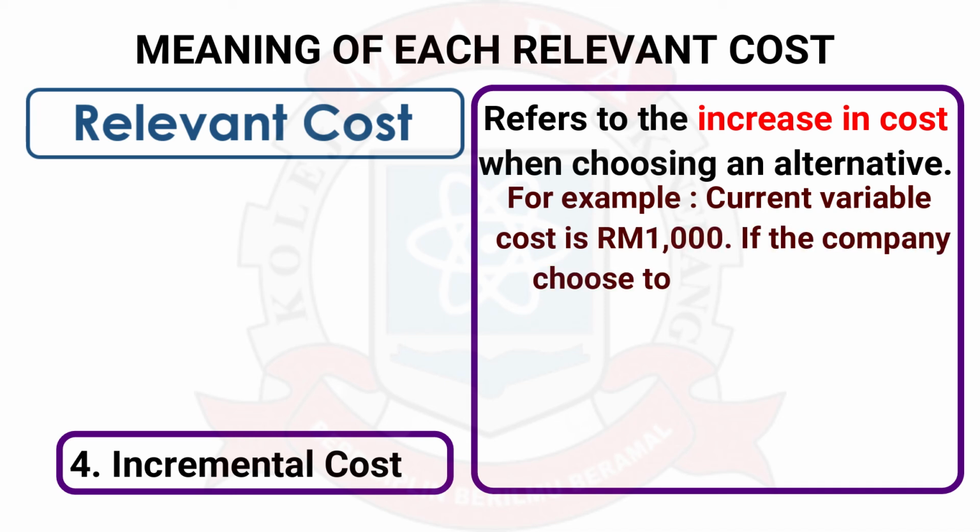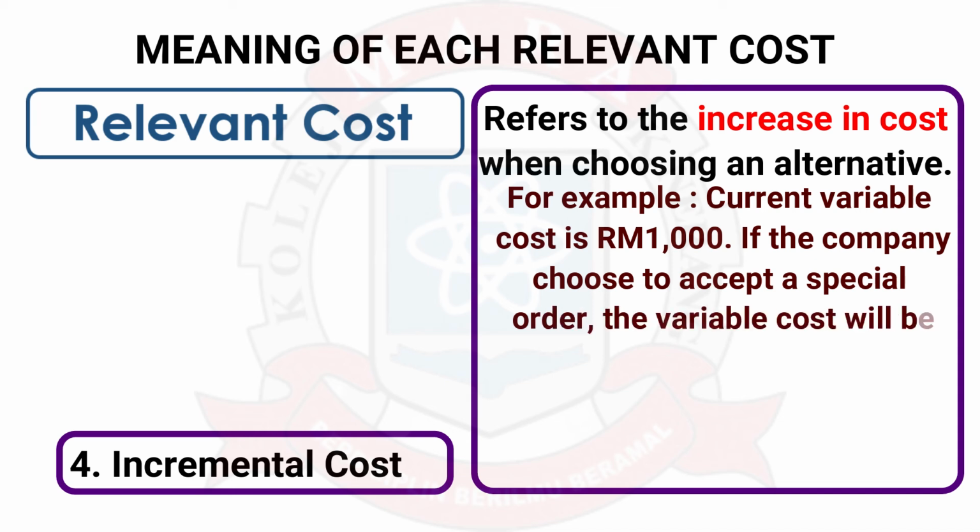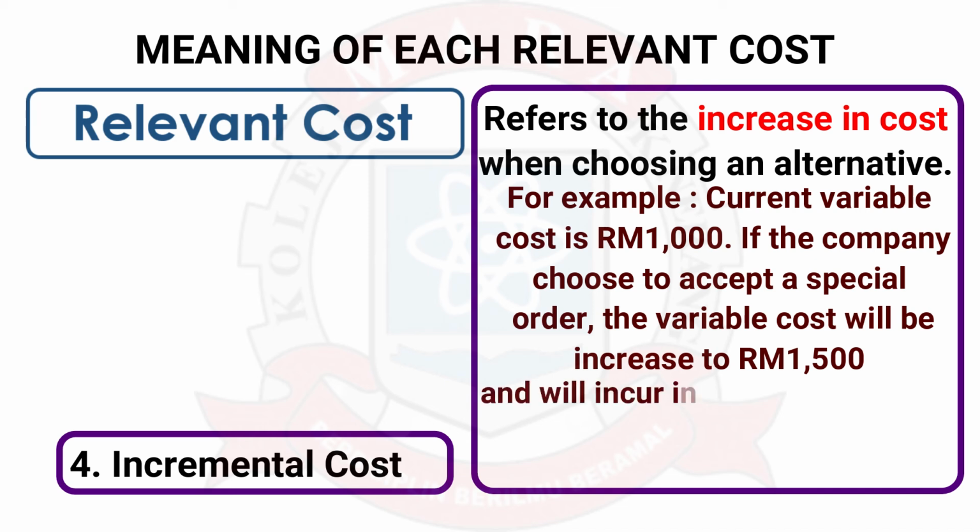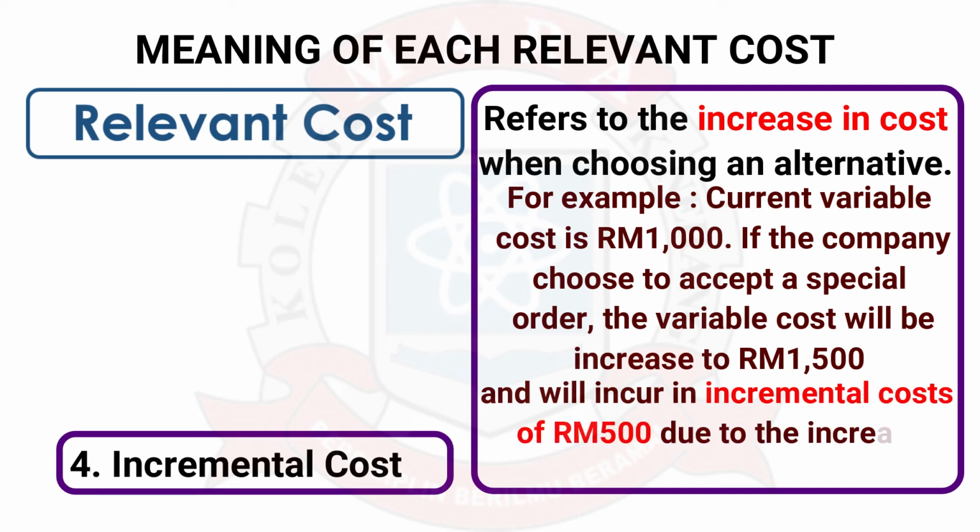If the company chooses to accept a special order, the variable cost will be increased to 1,500 ringgit Malaysia and will incur an incremental cost of 500 ringgit Malaysia due to the increase in units of production.